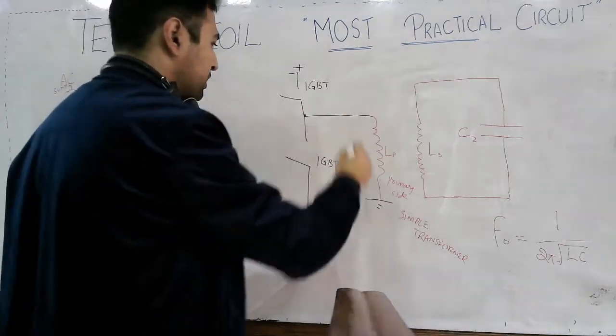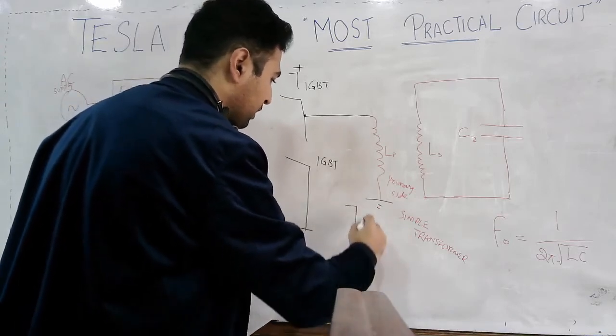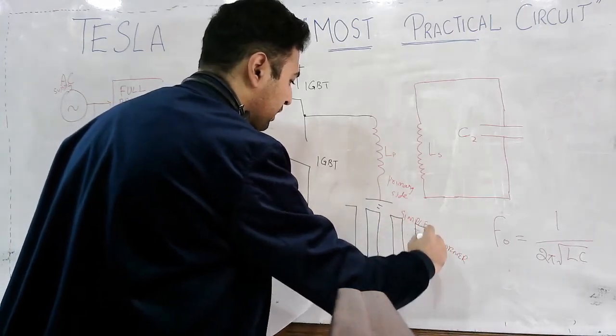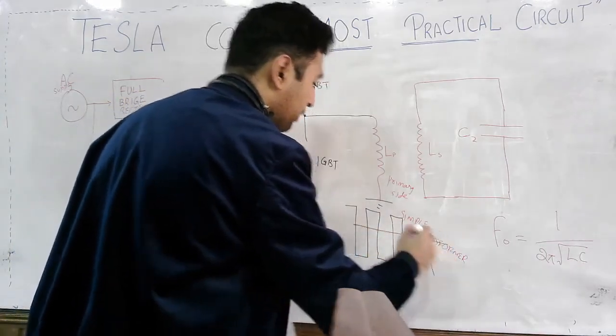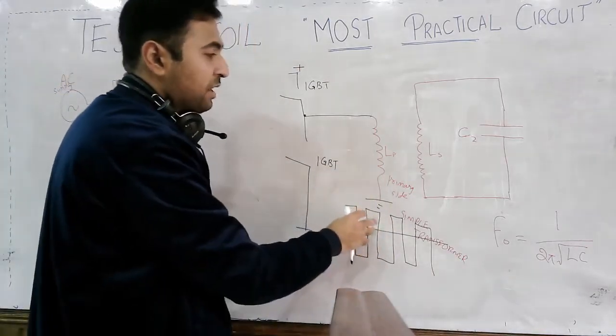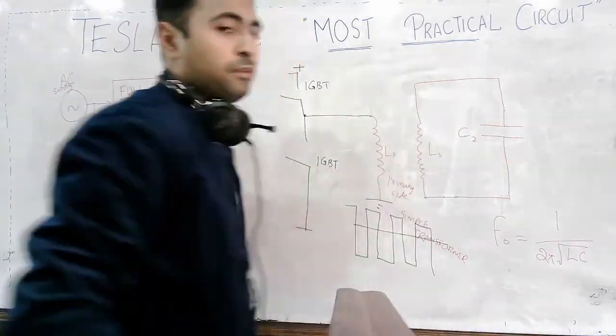By using this IGBT on the primary side, we are able to get this type of square wave, and the frequency of that square wave must match with this oscillation frequency.